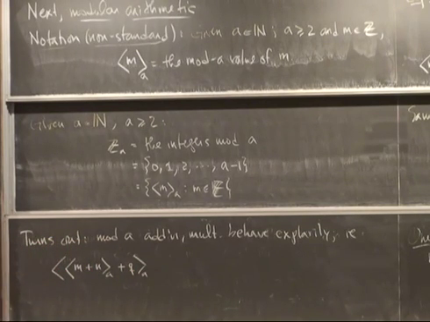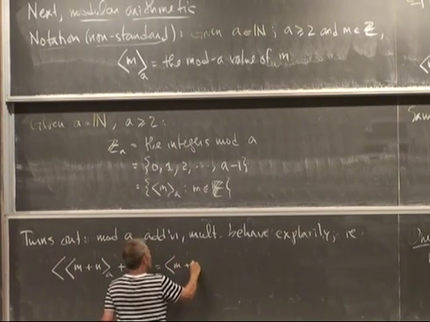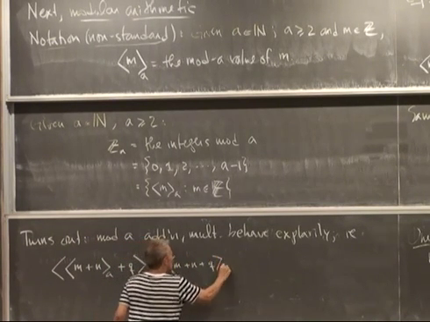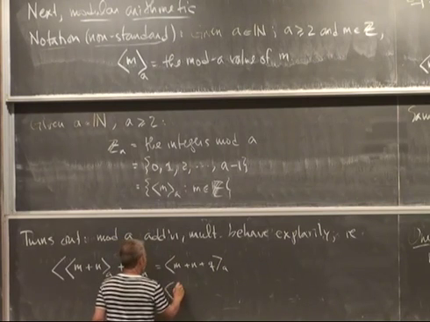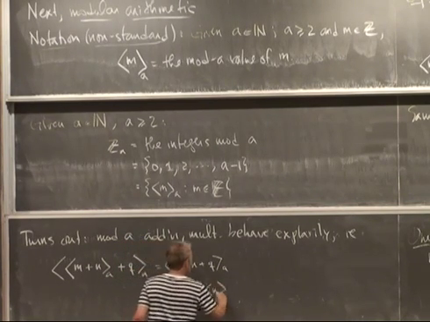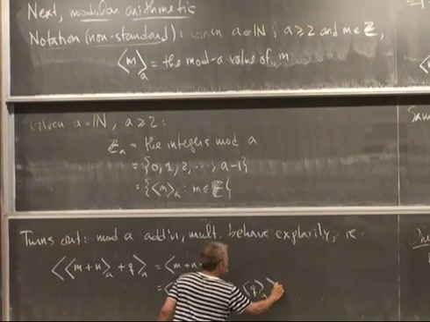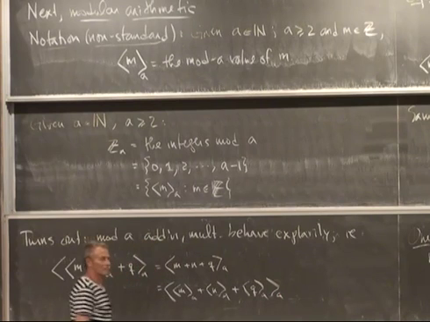What do we get? We get the same thing as we would get if we took just m plus n plus q mod a, or if we took m mod a first, n mod a second, q mod a third, added those all together and modded out by a.